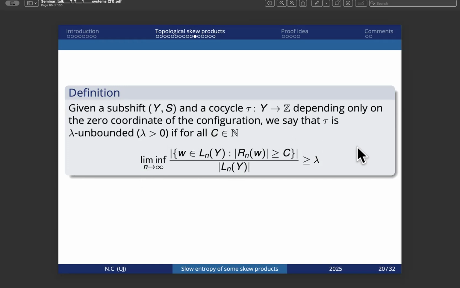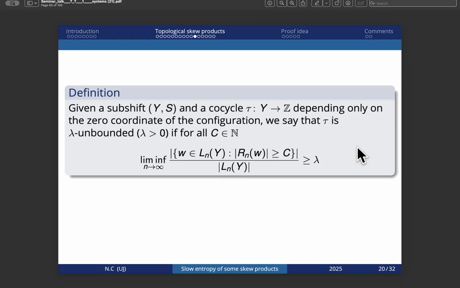So, Nicanor, this is like some kind of transience of random walks, right? It's saying that, okay, there's no randomness in some sense, but you're taking all words of length n in your shift space, and then you want that your random walk has to... Oh, wait, it's saying something slightly different.